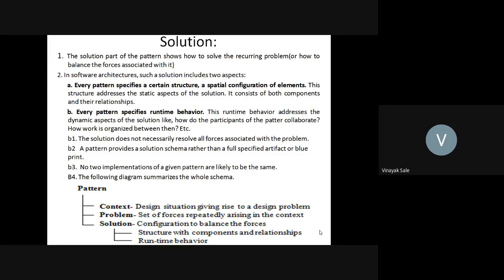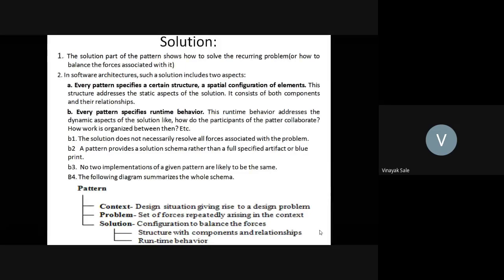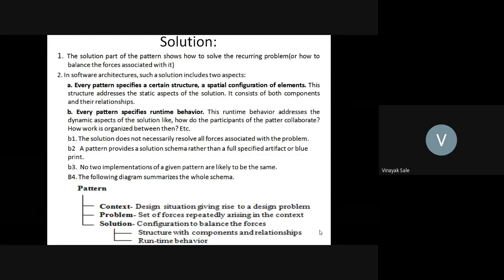In software architecture, such a solution includes two aspects: every pattern specifies a certain structure, a spatial configuration of elements, and every pattern specifies runtime behavior.